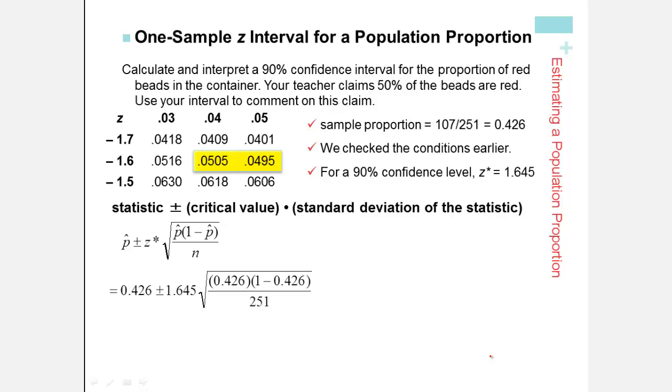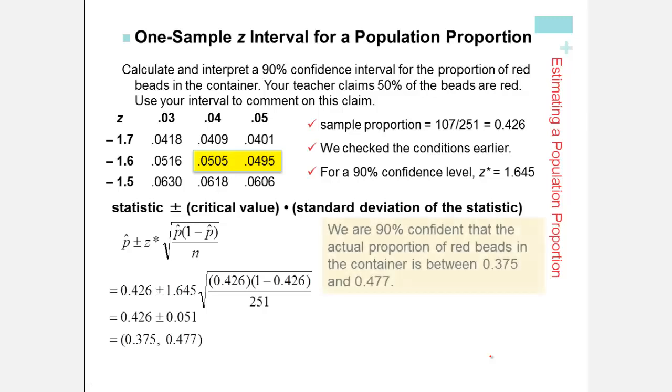Running this through my calculator gives us from 0.375 to 0.477. So we would then say we are 90% confident that the actual proportion of red beads in the container is between 0.375 and 0.477.